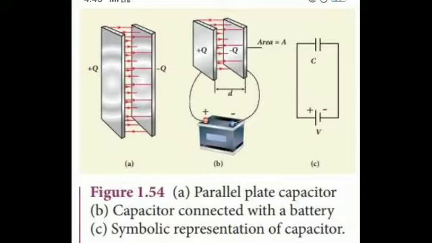In general, the charge stored in the capacitor is proportional to the potential difference between the plates. So, Q is directly proportional to V, so that Q is equal to CV, where C is the proportionality constant called capacitance.